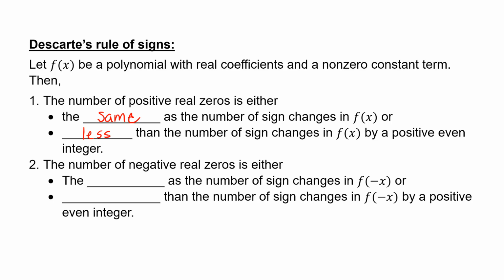Strangely enough, this is true. That will tell you the number of positive real zeros that this function has. The number of negative real zeros is going to be the same as the number of sign changes in f of negative x, or less than that by a positive even integer.